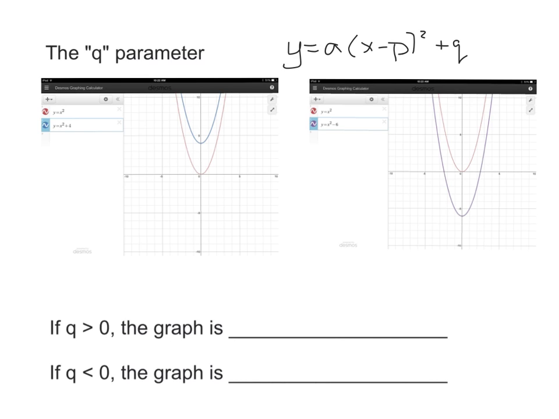What we're looking at is that number at the end that's added. Here, this blue graph in the first one is x squared plus 4, and the purple one here is x squared minus 6.